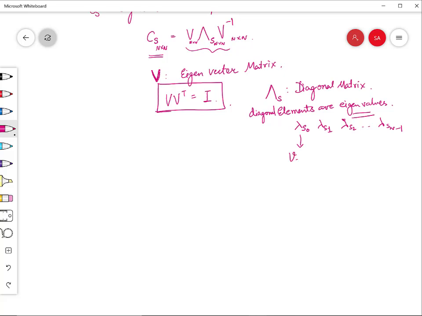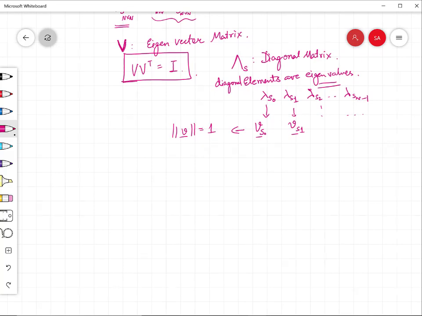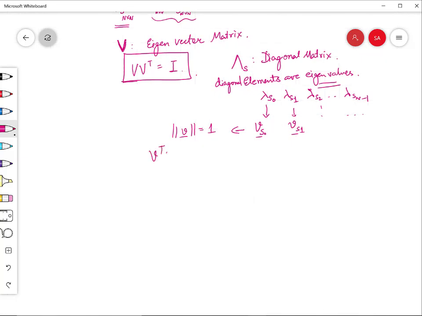Let me write them as Vs0, Vs1, and so on. These are all vectors, and these are unit vectors, which means the norm of these vectors is 1, so V transpose V is equal to 1. And how do we form the V matrix? The V matrix is just the composition of these eigenvectors: Vs0, Vs1, Vs2 and so on.